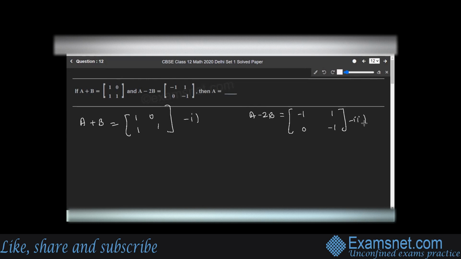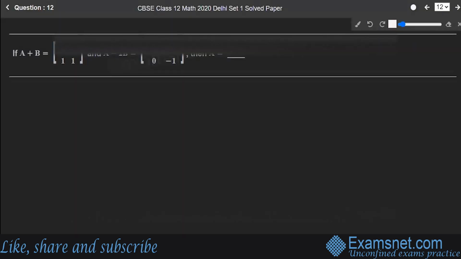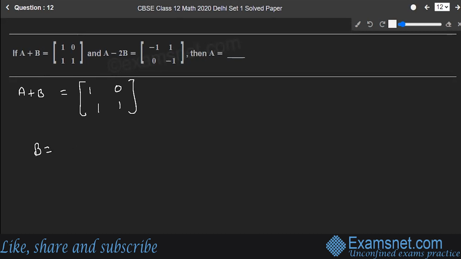Let's say this is 2. Fine, I'll start from here. A plus B is equal to 1, 0, 1, 1, or B matrix is equal to 1, 0, 1, 1 minus A matrix.